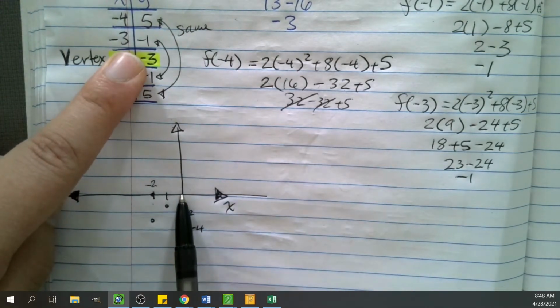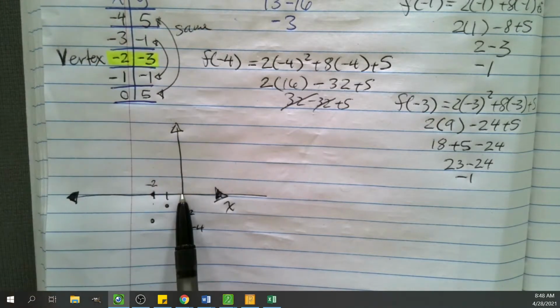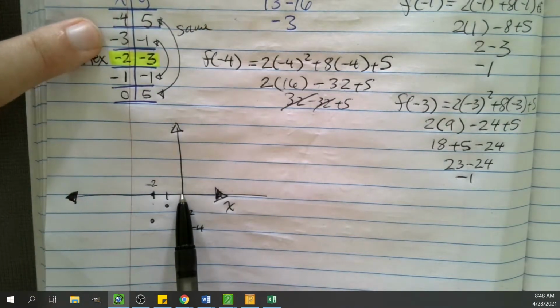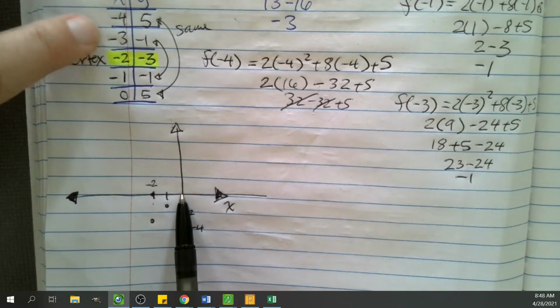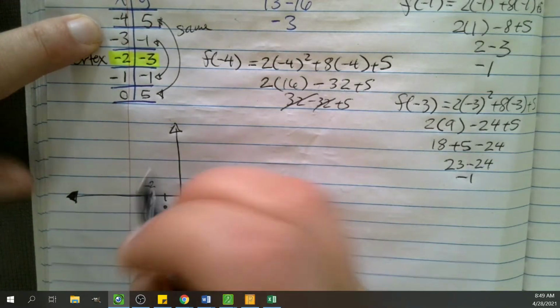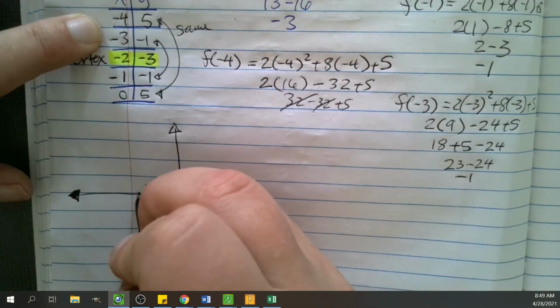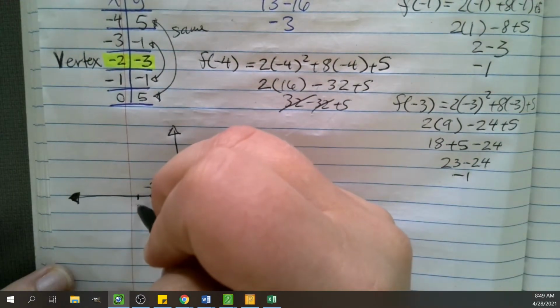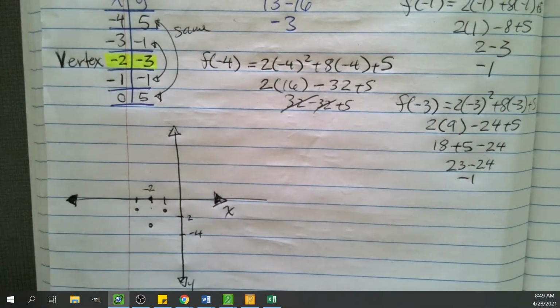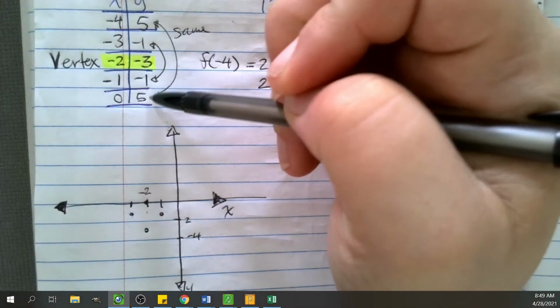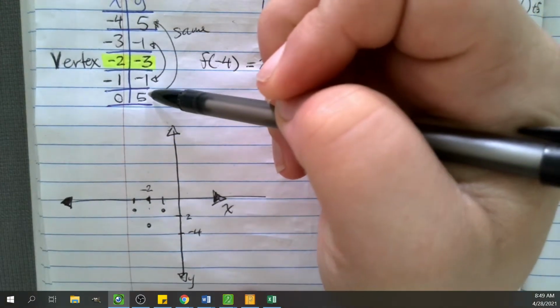What about this? -3, -1? We're on that one. Left 3, down 1. Yeah. You did a good job for the vertex. Sorry that I have chubby finger and it's hard to point. Okay. Help me with 0, 5. Where do I go for 0?